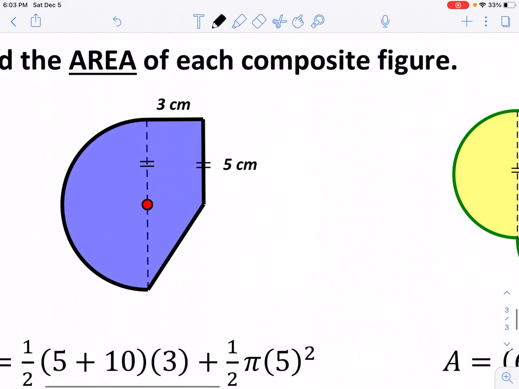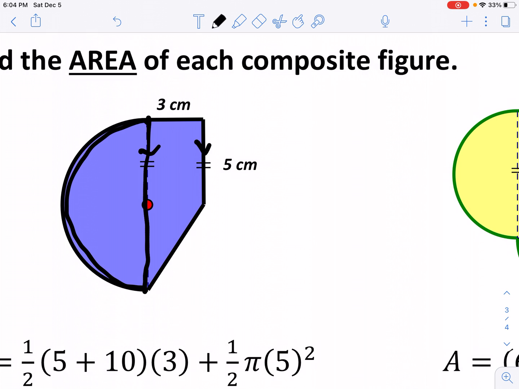So if that's the case, like if we look at this example here, notice I have a semicircle attached to what appears to be a trapezoid, okay? We have one pair of parallel sides. And then we have our height given to us, one of the bases, and then of course, since this is 5, notice we have 2 tick marks, this is also 5, which means if this is the radius of this semicircle, doesn't that mean this length here is also 5?